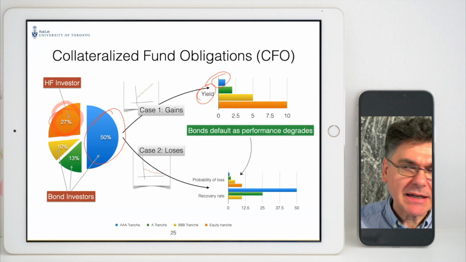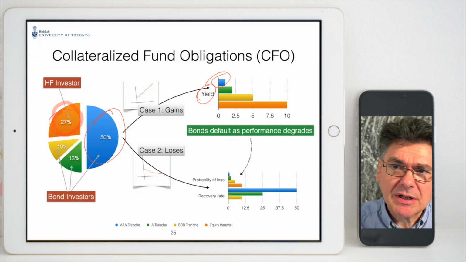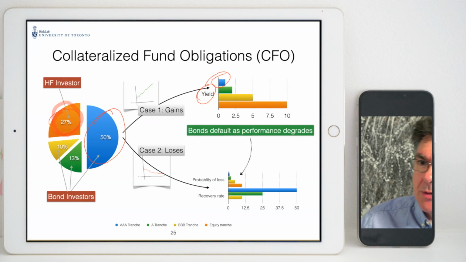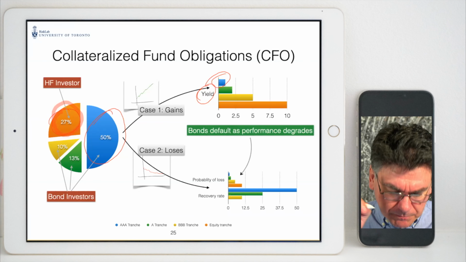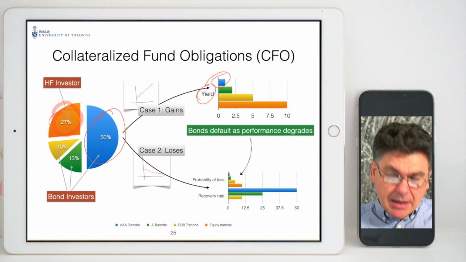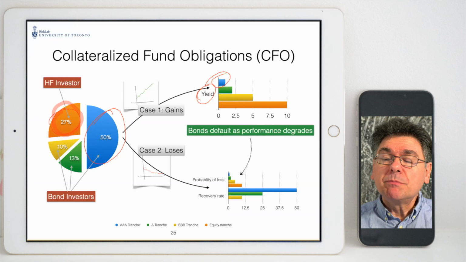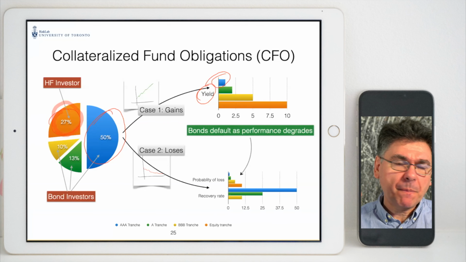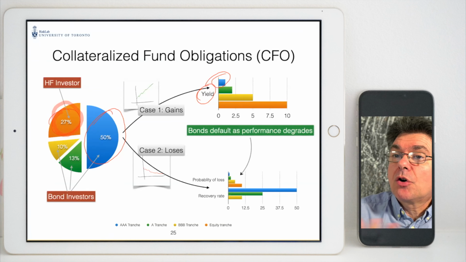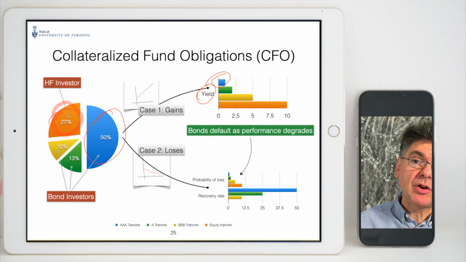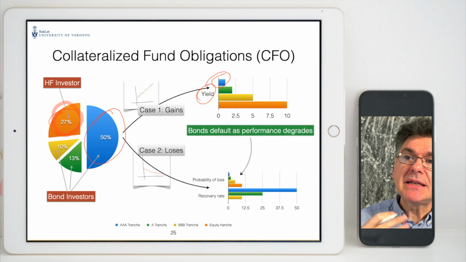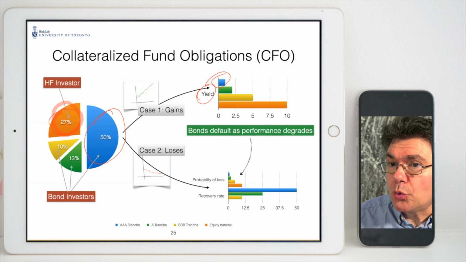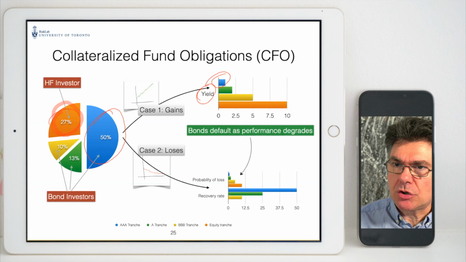The reason is that, I don't know if you have seen what a collateralized debt obligation is, this is similar. The reason is that if we lose money, the collateral of these bonds is the value of the fund. And these bonds that I call blue are the senior bonds.